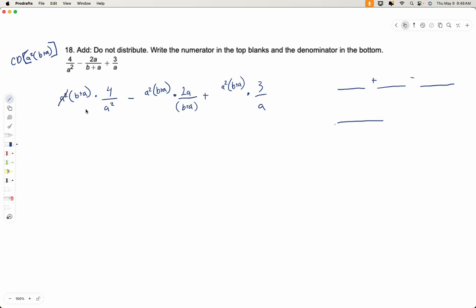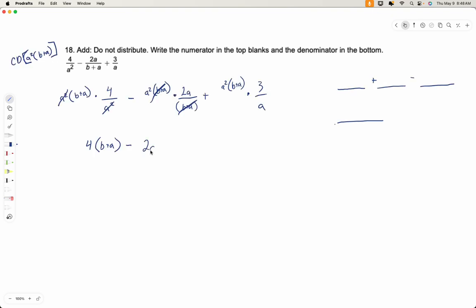So the a squared on the top and the bottom can be reduced. So what we have here is 4 times b plus a minus. This can be reduced because when you multiply and divide by the same number, it cancels each other out, right? It just means 1. So this is going to be a squared times 2a.